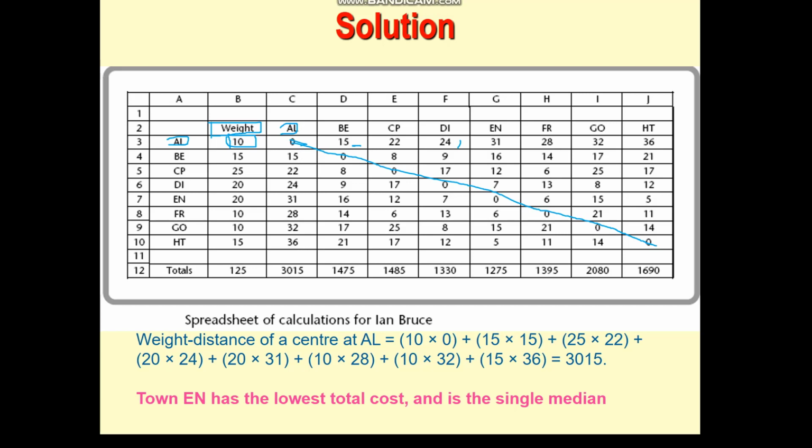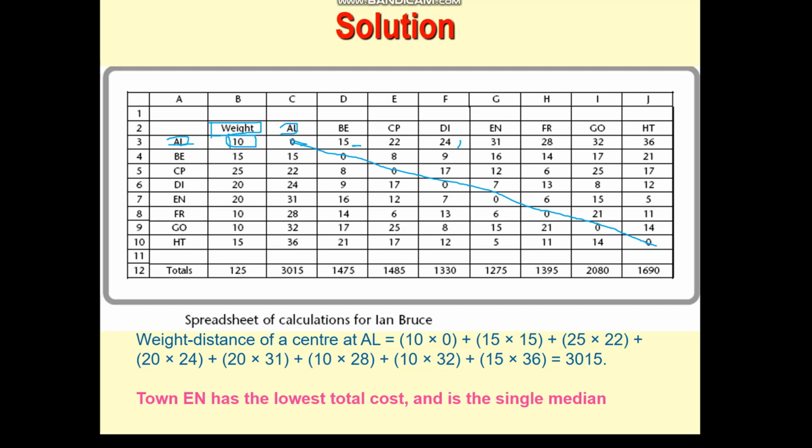Okay, then the next step, after we know the distance and the weight: the weight is the input, and the distance you have to find by yourself, the smallest distance. So we can calculate the weight distance value.